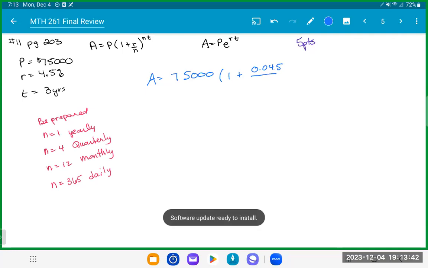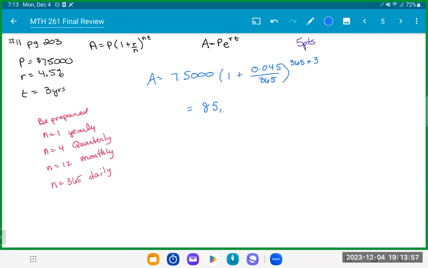And then we're dividing that by the 365 days, which is our n. And then that's 365 times, and this is for 3 years. Okay. So when we simplify that at the end of those 3 years, we should expect to see $85,839.54. Okay. Questions?